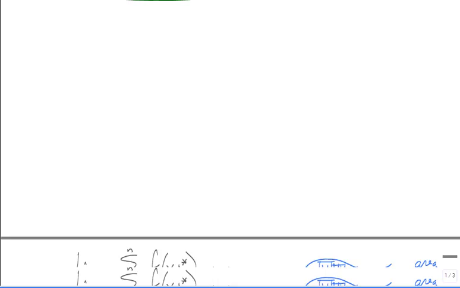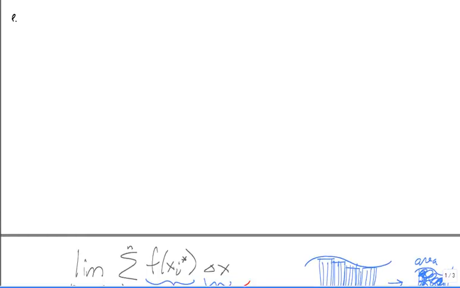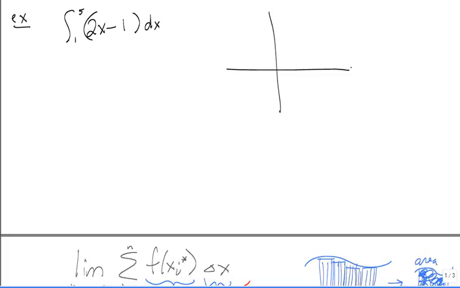Okay, let's do the same thing with the integral from 1 to 5 of 2x minus 1 dx. Well, let's graph it first. That's a line, so it goes through the point 1, 1, and 5, 9.